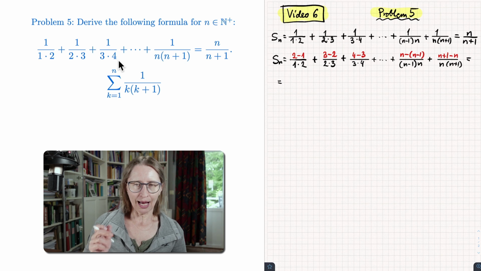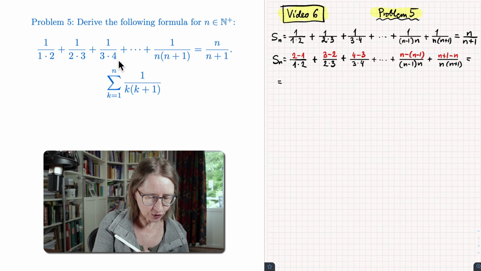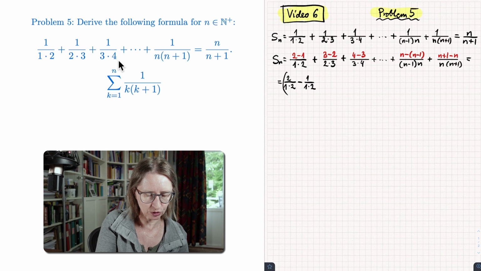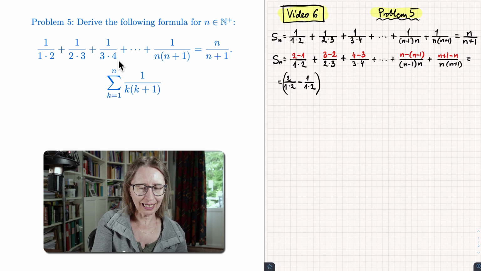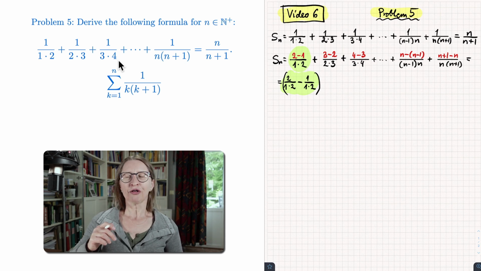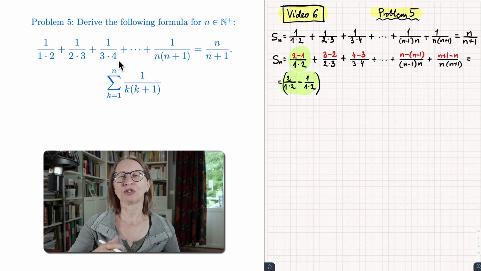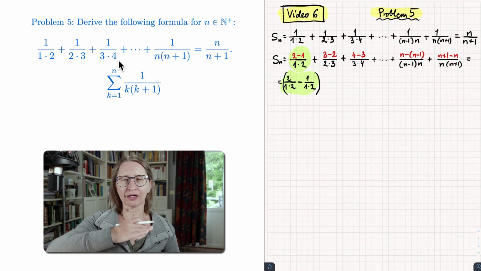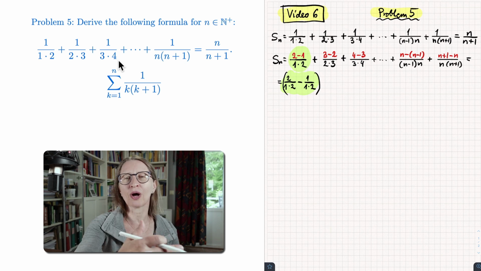And now I will split each fraction into 2 fractions. So the first one is 2 divided by 1 times 2 minus 1 divided by 1 times 2. And I claim that this one is equal to this one. Why is it so? Well, it is easier to think about it from the row below to the row up.